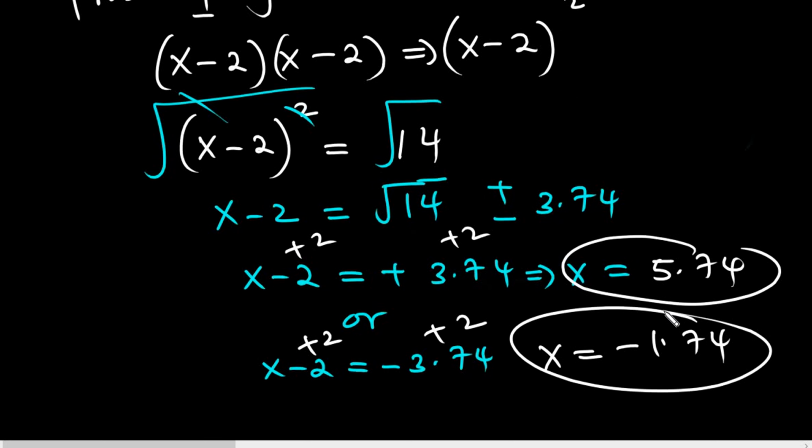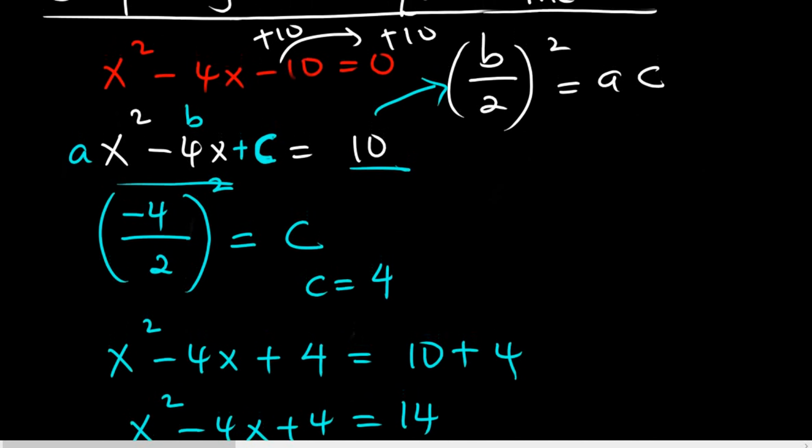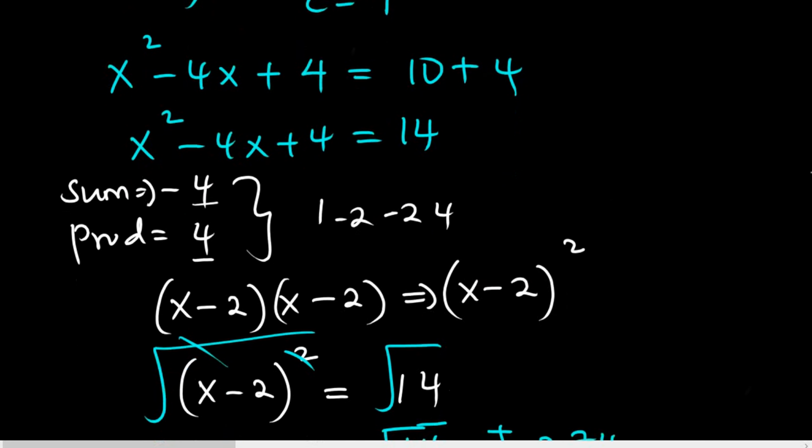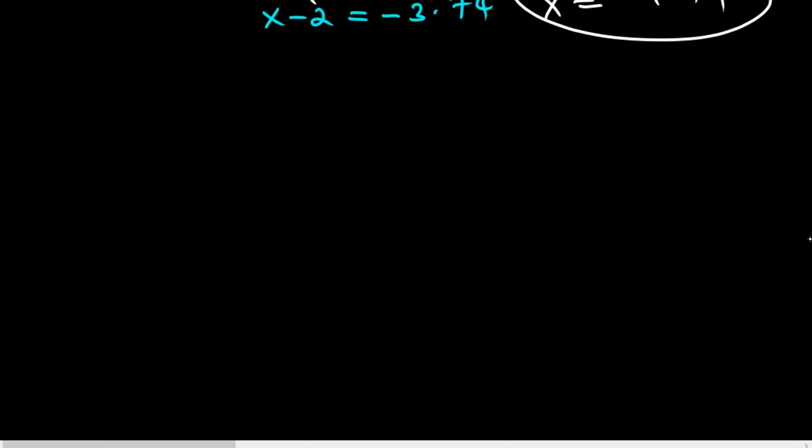So we have solved for this quadratic equation using the completing the square method. Okay, so I want us to quickly get to another example. So let's have x squared minus 2x minus 15 is equal to 0.